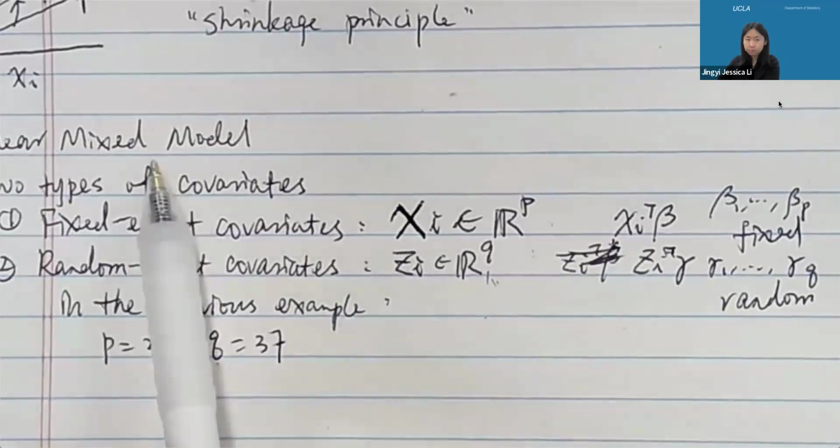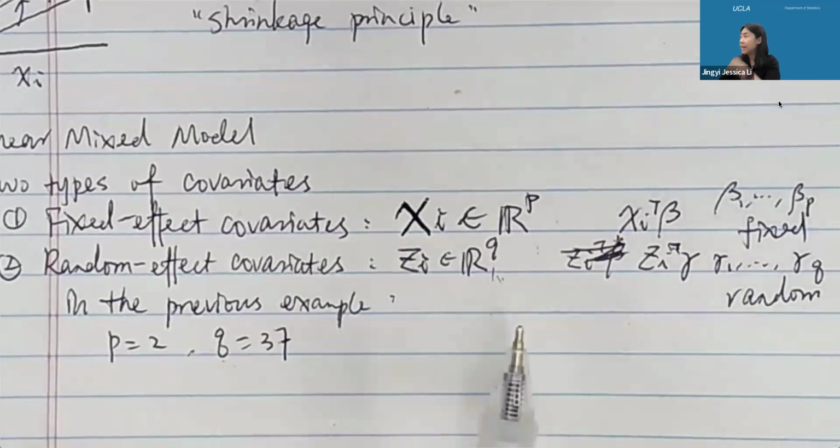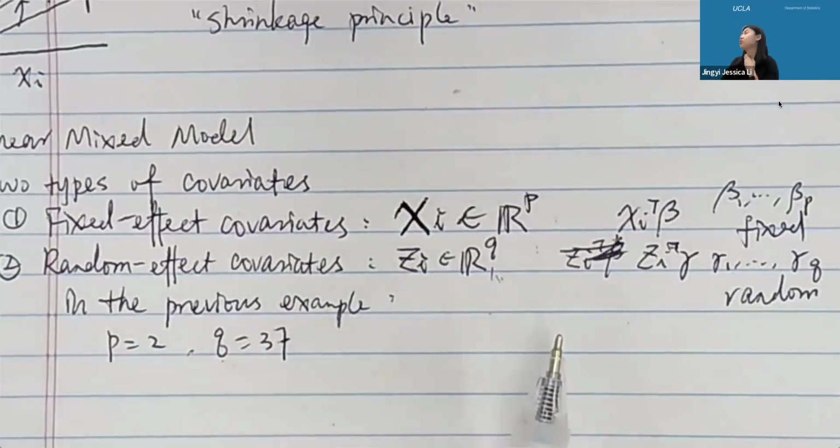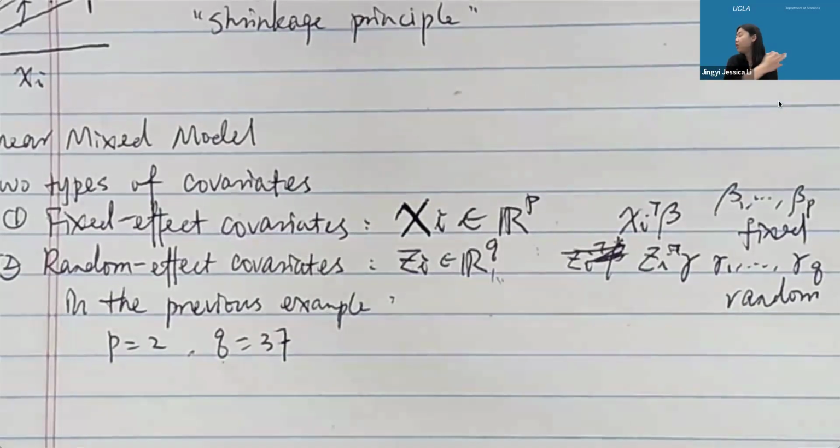A linear mixed model is mostly used when your data have clusters or groups. That's why we use the school as an example. Here, every school is called one cluster or one group. The term cluster is often used in clinical trials, where we say patients belong to clusters.